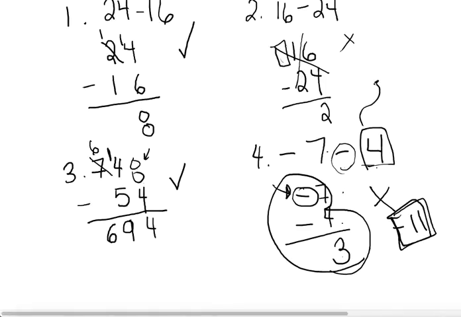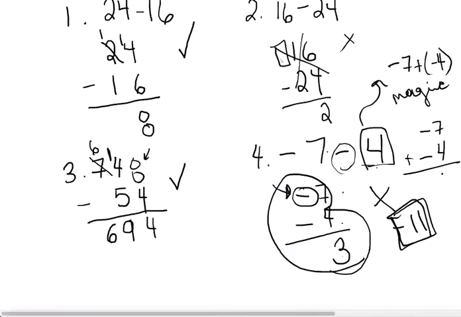You could potentially talk to students and say that we could rewrite it as negative 7 plus negative 4. But again, this is kind of seen as magic or memorizing a rule. Then students would be able to do this operation where they just simply add and keep the negatives.